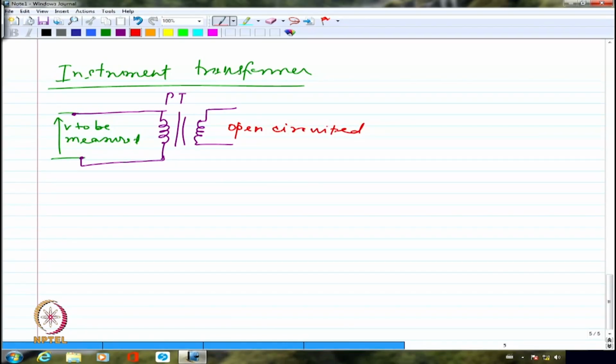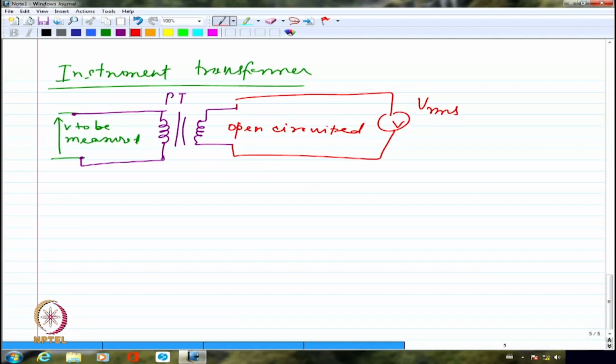It should always be open circuited normally, and I may connect a voltmeter here. At this end, I may connect a voltmeter which will measure the RMS value. What I am doing is bringing down the voltage from a very large value to a range where my voltmeter will work. I may not have voltmeters available for hundreds of kilovolts.